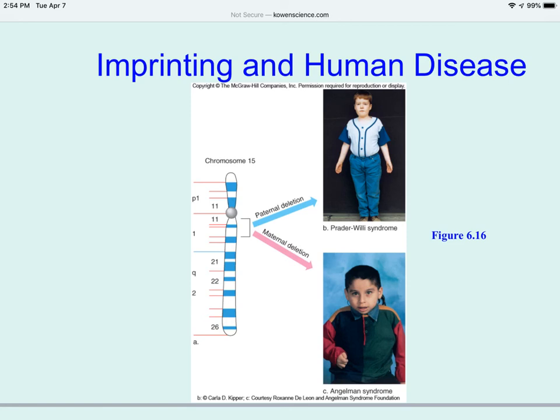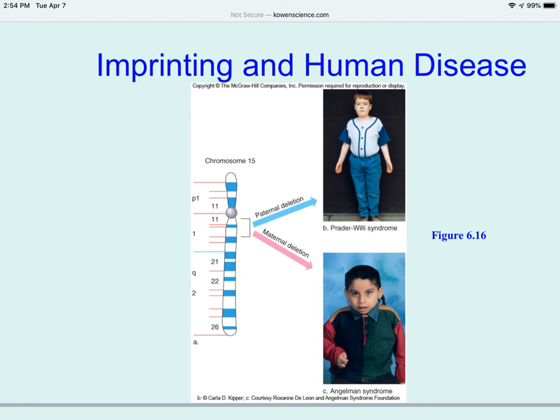Prader-Willi syndrome is due to the loss of the function of specific genes that are missing on chromosome 15. In newborns, the symptoms include weak muscles, poor feeding, and slow development. As the individual grows, when they reach childhood, the person becomes constantly hungry.